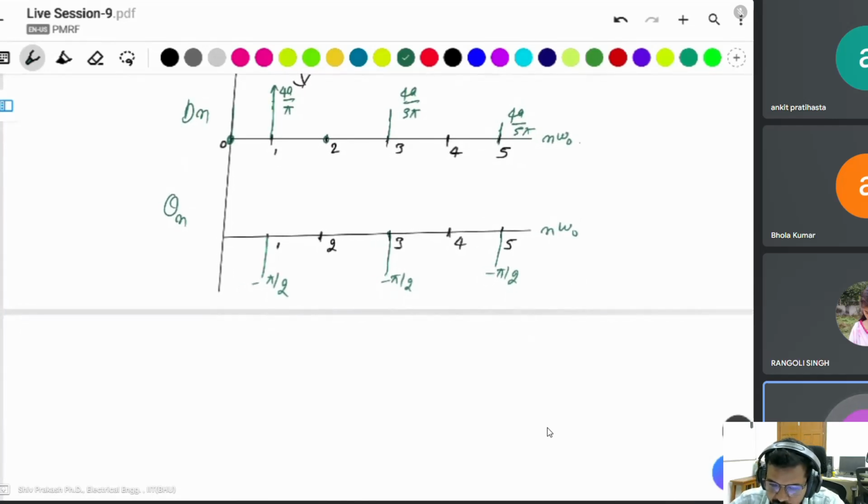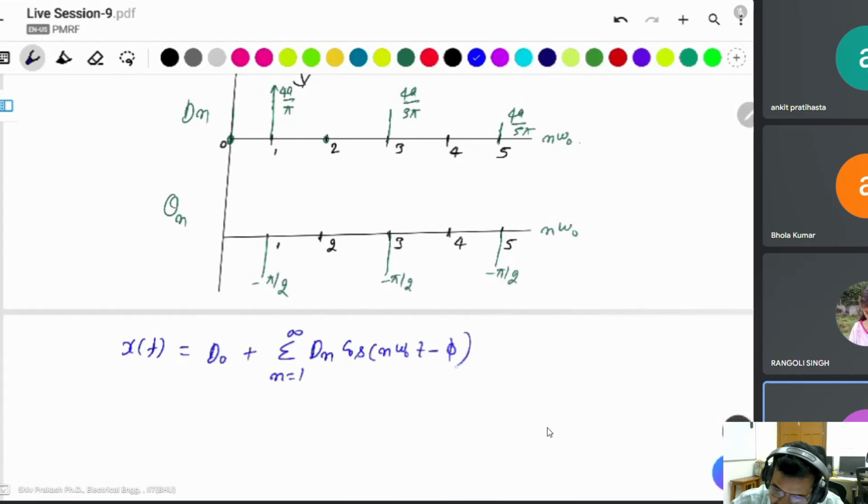If we want to calculate the power of this signal in dₙ form, suppose x(t) is equal to d₀ plus the sum of n equal to 1 to infinity dₙ cos of nω₀t.